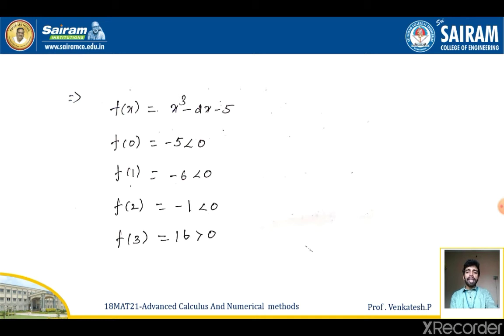If I replace x equal to 0, I get minus 5, which is less than 0. For x equal to 1, I get minus 6, which is less than 0. For x equal to 2, I get minus 1, which is less than 0. For x equal to 3, I get plus 16, which is greater than 0. So I can assume the root lies between 2 and 3.